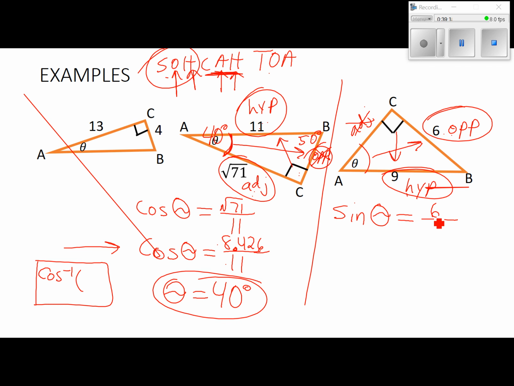So it'd be 6 over 9. We grab our calculator, and it's going to do all the rest of the work for us. Tell us what theta equals. We hit second, sine 6 divided by 9, and we end up with 41.81 something, so we'll say about 42 degrees.